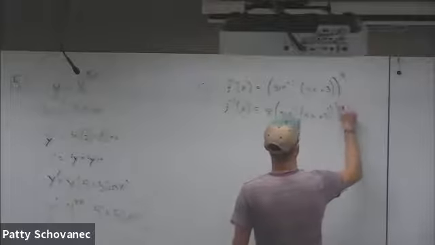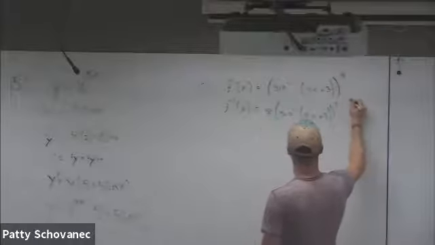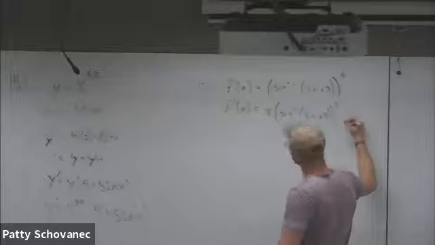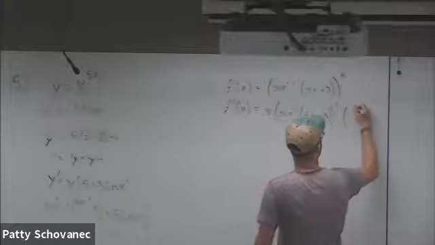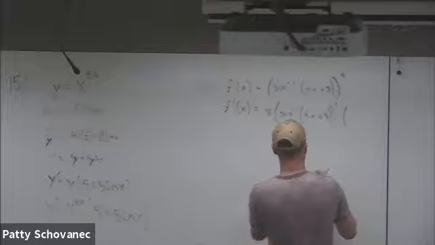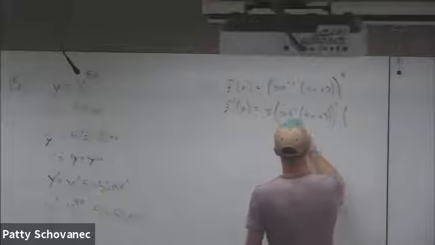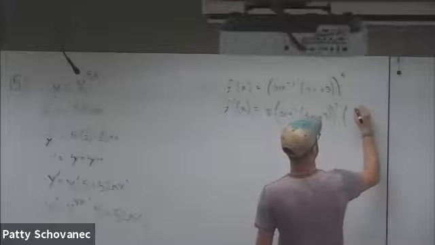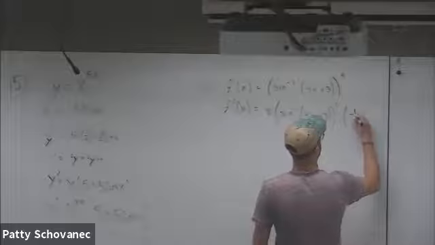This is where I always get tripped up. Do I need to open another parentheses? You do. And then it's the general formula for the derivative of inverse sine of u: 1 over the square root of 1 minus u squared.